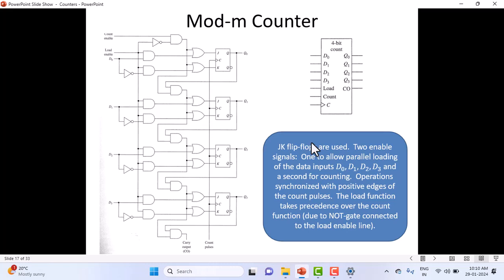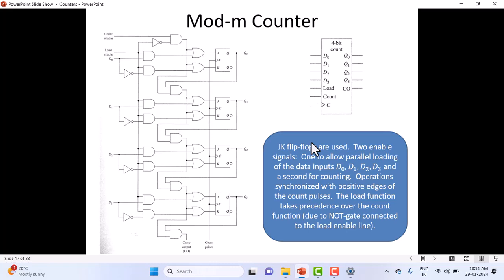Next, if you make load enable as 0 and count enable as 1, and if you apply clock pulses and count pulses, this will work like an up counter. When I say up counter, states will be 0, 0, 0, 0 and count all the way up to 1, 1, 1, 1. When all are 1s here, this carry output will be 1.